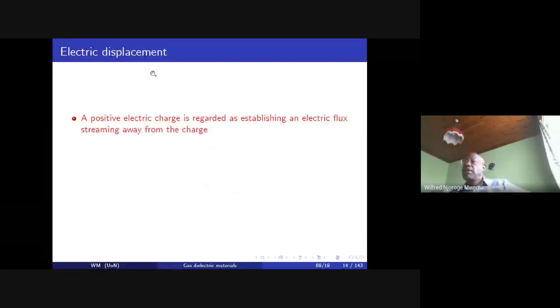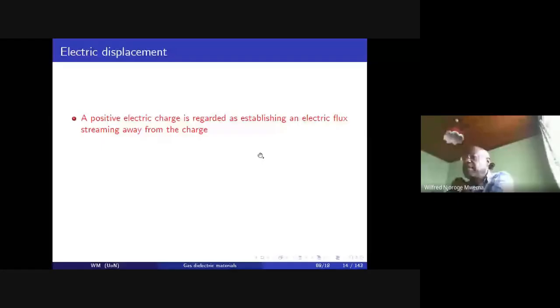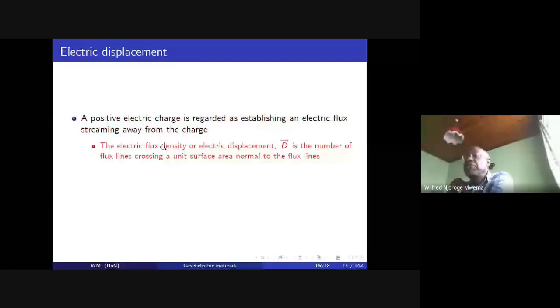Now, electric displacement. A positive electric charge is regarded as establishing an electric flux, stringing out electric displacement flux lines that will be crossing a unit surface area that is normal to the flux lines.